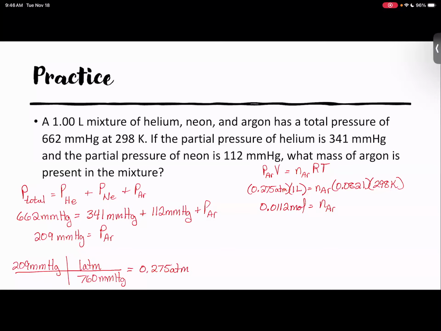There is going to be another option as we go, but now I'm going to take that 0.0112 moles of argon and convert that into grams of argon using the molar mass of argon, which is 39.95 grams argon equal to 1 mole.